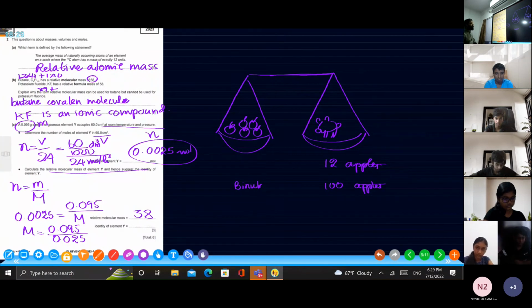And identify the element which has the molecular mass of 38.